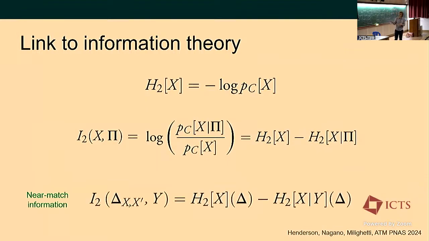What's kind of cute with this is that normally in Shannon entropy you can't do this easily, but here we have an extension of information to something where I actually consider near matches. So you can ask how much information do I get if I know that receptor X and receptor X prime are not quite identical, but they're identical within a delta number of edits.